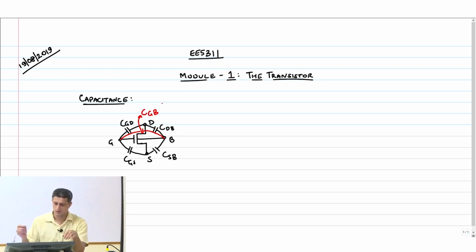Okay. So we said that the CG total gate capacitance, right, gate cap is basically what?